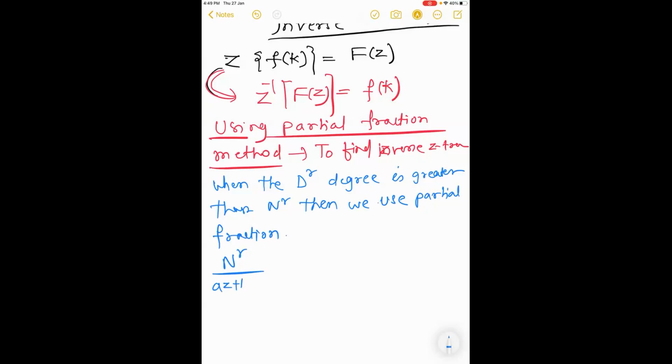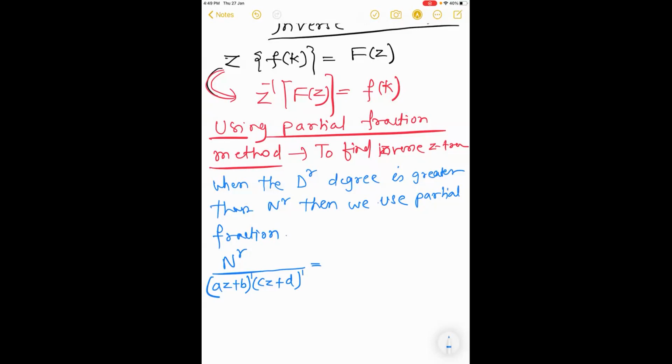So az plus b and cz plus d are the factors available in the denominator. Both are linear factors, as you know. Linear means degree 1. So az plus b is a degree 1 factor and cz plus d is also a degree 1 factor. So now the denominator has 2 factors, and with each factor we have to split that fraction.